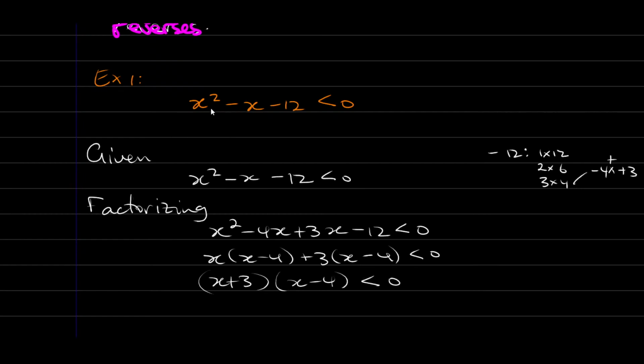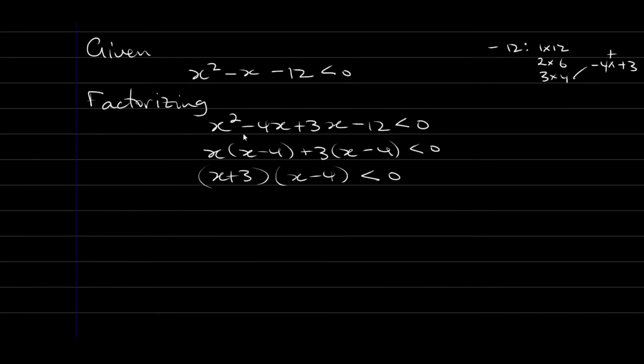All right. Now, this is the part where we start using our inequalities knowledge, right? Everything so far is something that you know how to do already. And what we're going to do now is we're going to talk about the inequalities knowledge that you need to finish the solution.